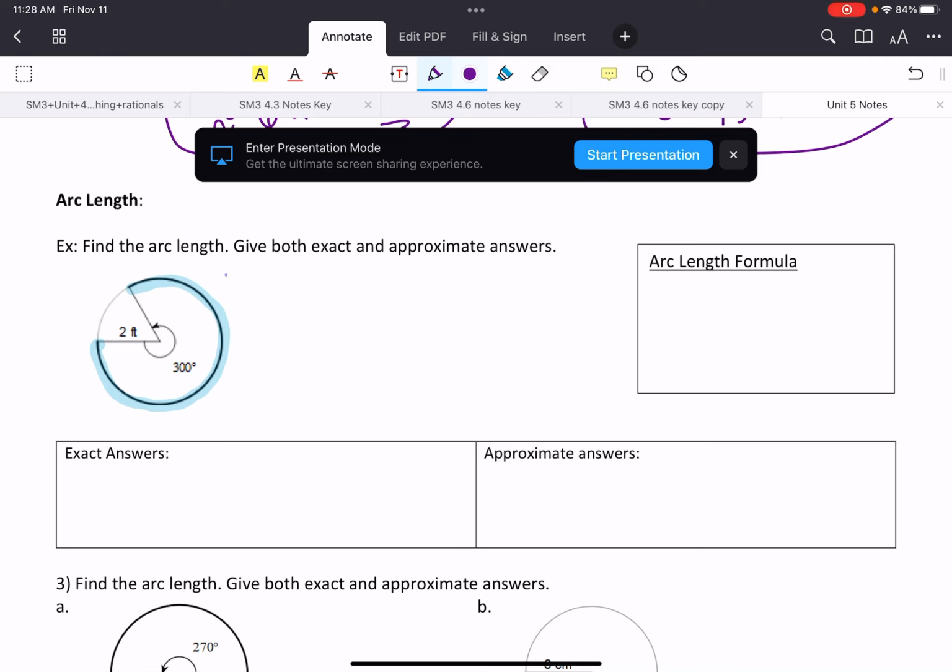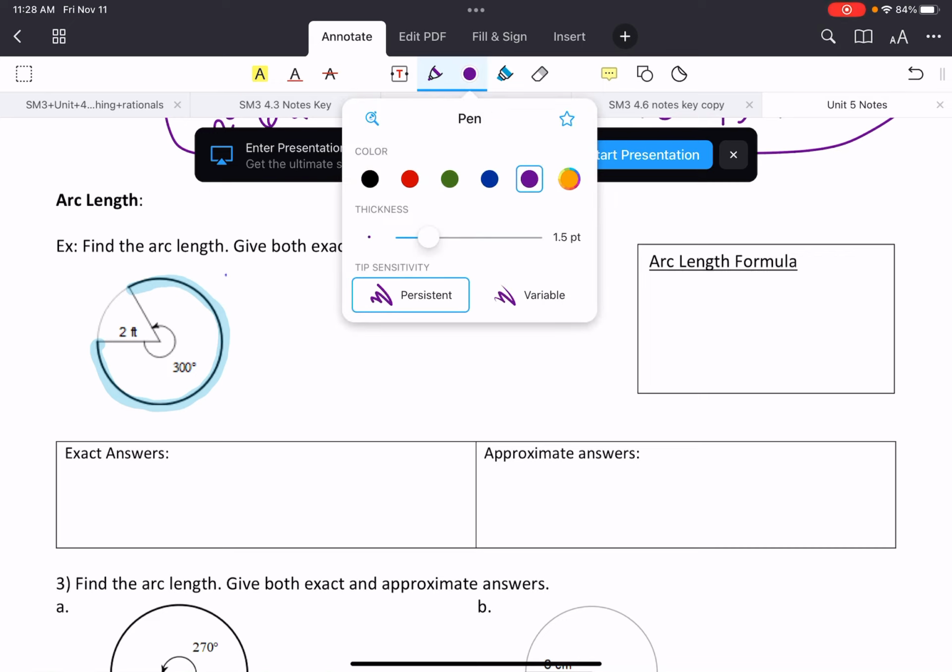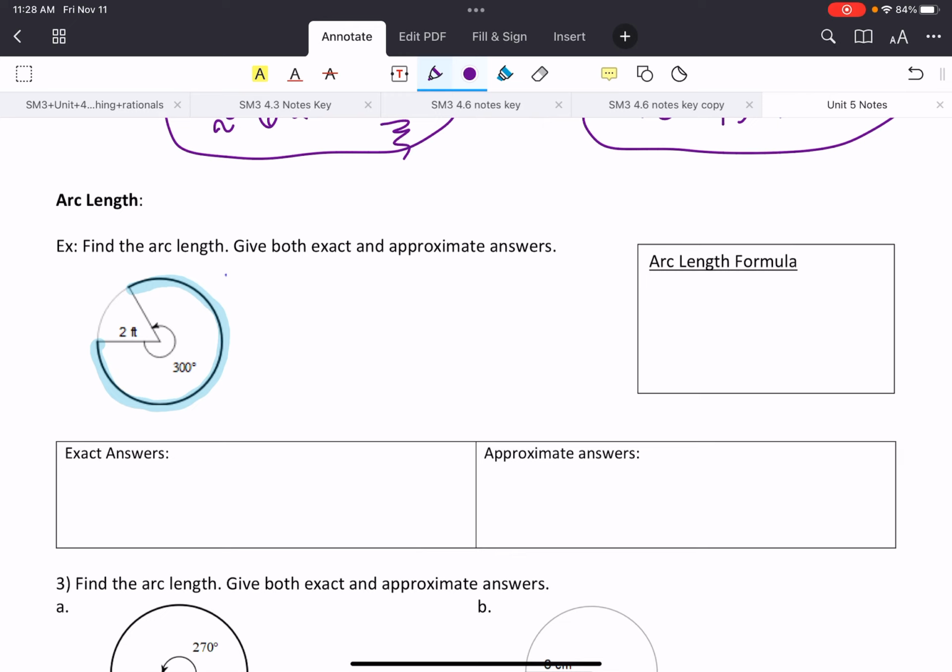This is the arc length. Well, that's the circle area. How would we know what percentage of this circle we need? Here's my hint. Percent equals what we want versus the total.